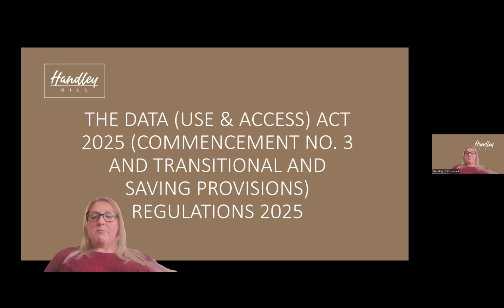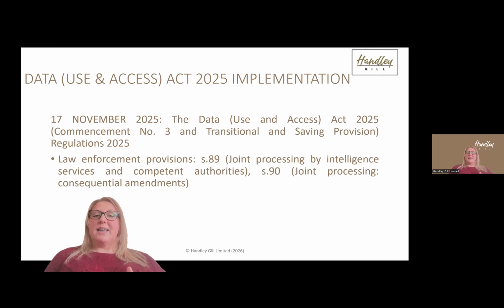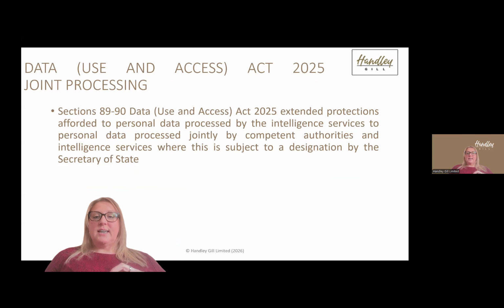Those same commencement regulations also provided for further provisions to come into force but at a later date, on the 17th of November 2025. And again, they were law enforcement focused. And these are the ones I referred to around joint processing between competent authorities and the intelligence services, Section 89 of the Data Use and Access Act 2025 and Section 90.